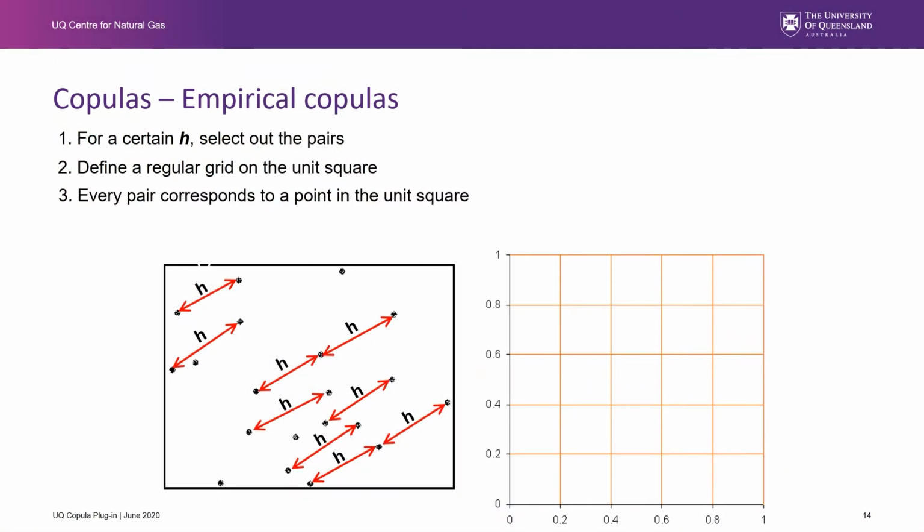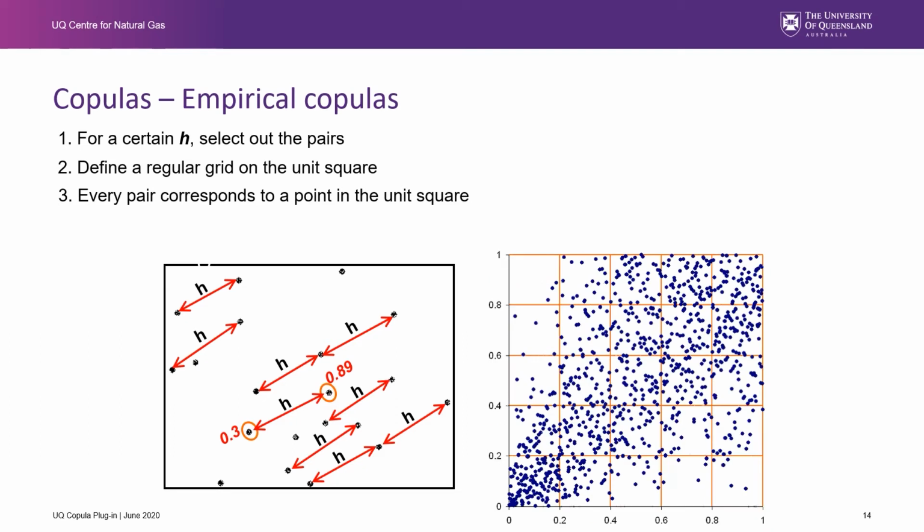One value is 0.3, the other is 0.89. And for this pair, we will get 2 points in our unit square, because we look at the direction from 0.3 to 0.89 and the other way. So that gives us 2 points in the unit square. So for all our points, we will fill the unit square, and we will get our first empirical copula for the distance h.